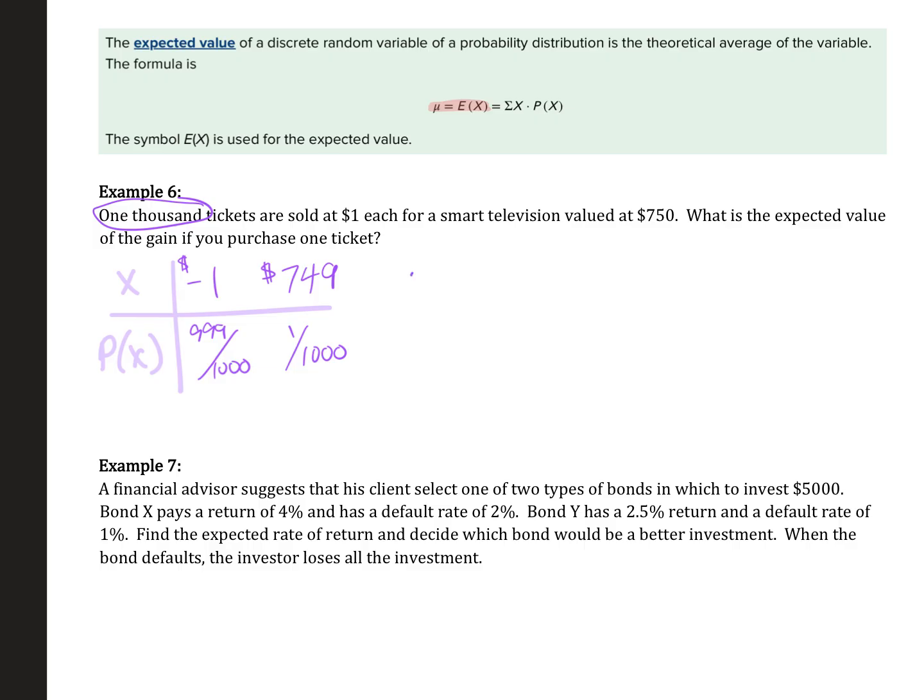So my expected value, or my mean, is going to be -1 times 999 over 1,000 plus 749. Oh, sorry, times 1 out of 1,000.